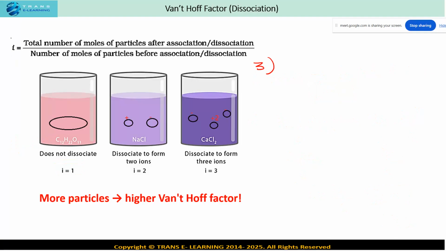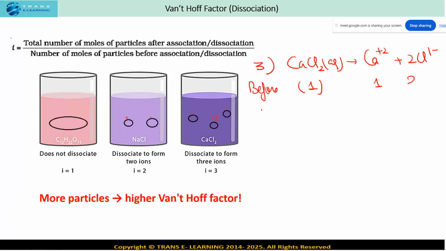In the third case, it's aqueous calcium chloride. So it gives Ca 2 plus and 2 chloride ions. Before dissociation, the number of moles was 1. Here this is 1 and there are 2. So before, the number of moles was 1 and after dissociation, the number of moles was 3.